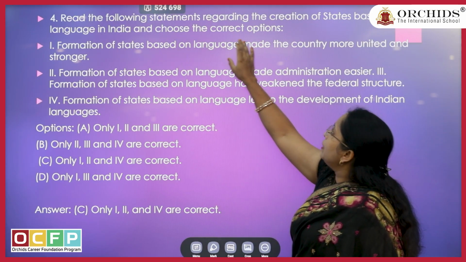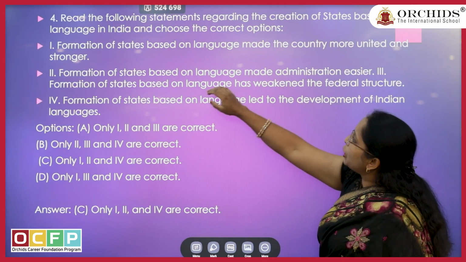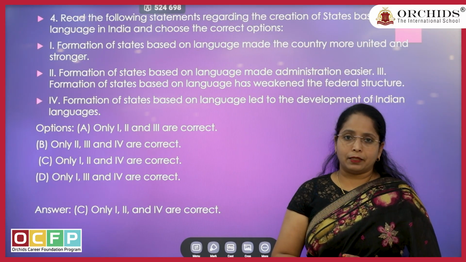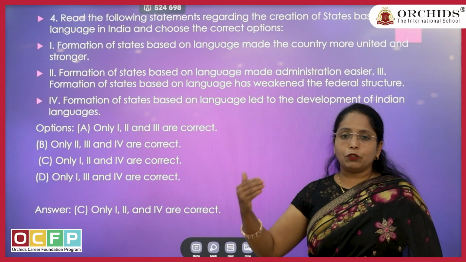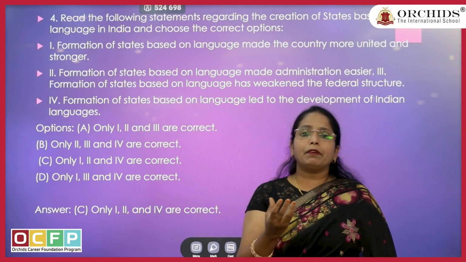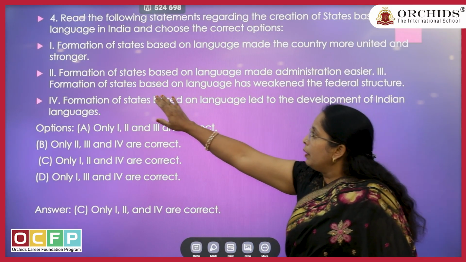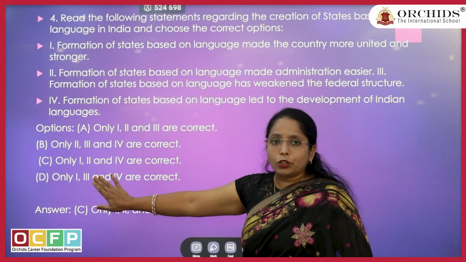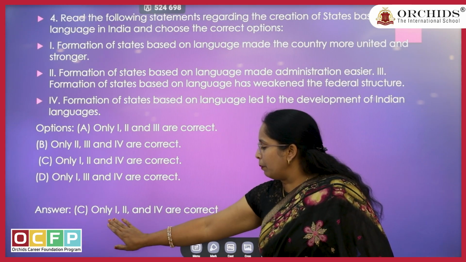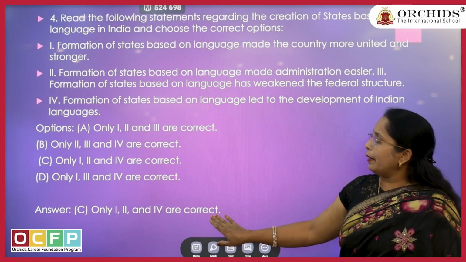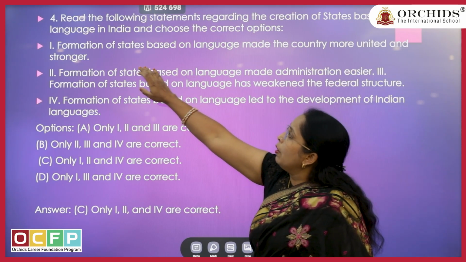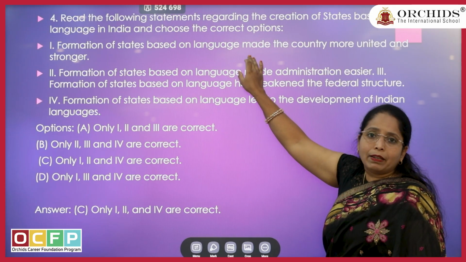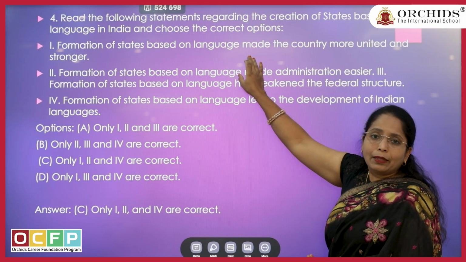Read the following statements regarding the creation of states based on language in India. Choose the correct options. We all belong to different states. We know the history of the states, when it was formed, how it was formed, on what particular region or regional language it was formed. Now, you can read these statements carefully, and after that, when you come across the options, option C is the right one. Only 1, 2 and 4 are correct. What are 1, 2 and 4? Formation of states based on languages: Tamil Nadu, Tamil language; Karnataka, Kannada language; Gujarat, Gujarati language.